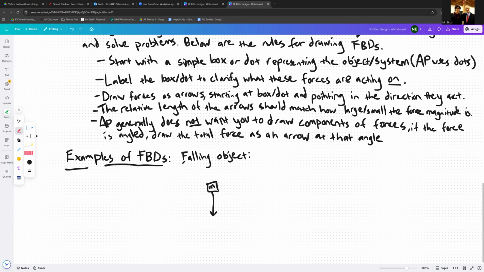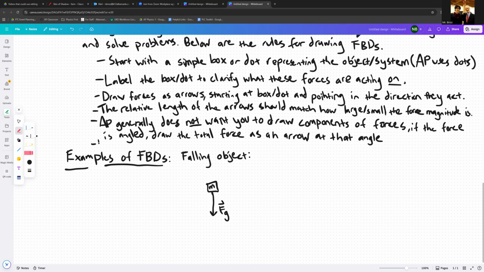I guess I didn't explicitly say to label the forces, but you don't have to all the time. It's just really helpful if you're wondering which force this is. This one's gravity, force FG. We did say to label the box, but labeling the forces too, we could maybe sneak that in there.